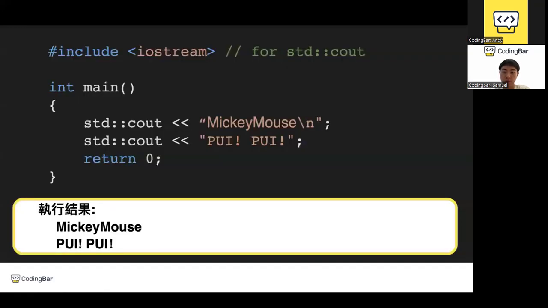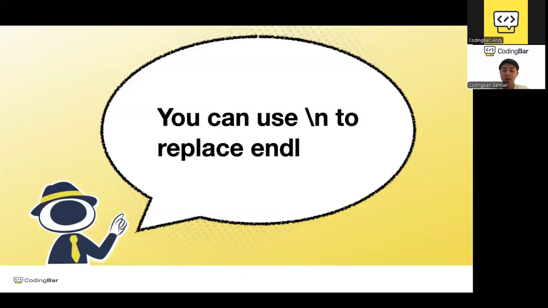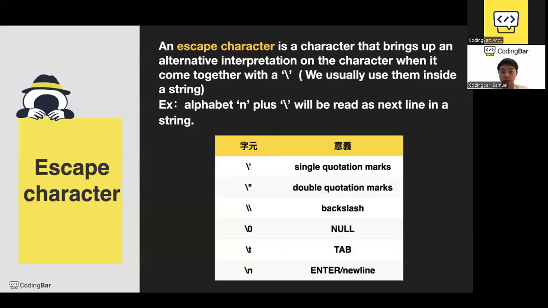Also, if you remember from last week's lecture, endl can be replaced with \n. \n and endl have the same behavior, so they print a new line on the screen. Other than \n, there are a lot of other special characters, which you can refer to in this picture.